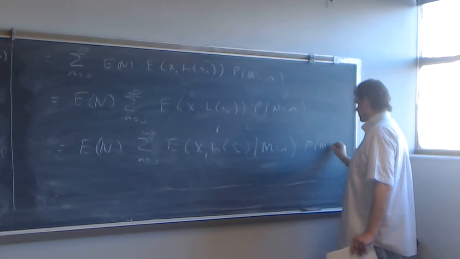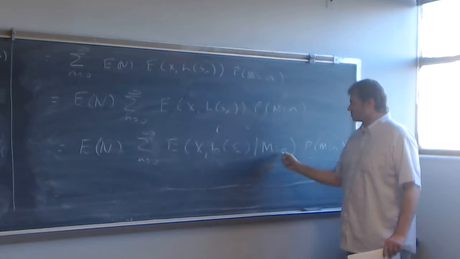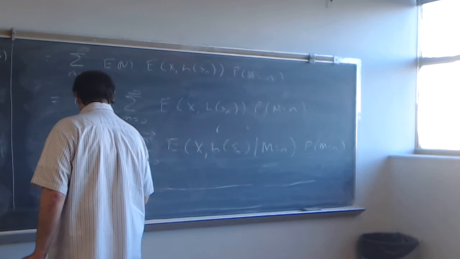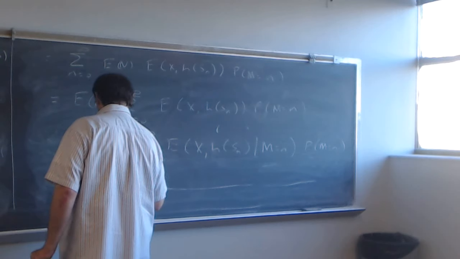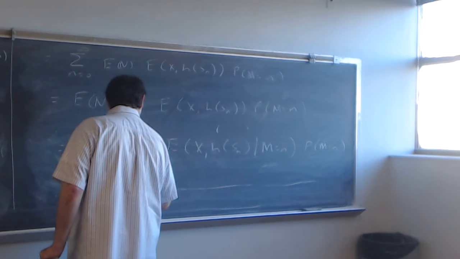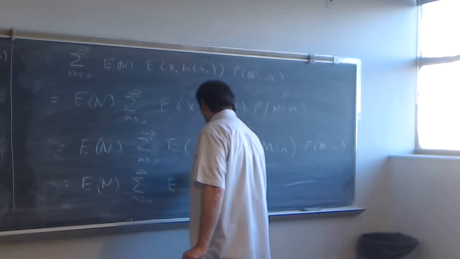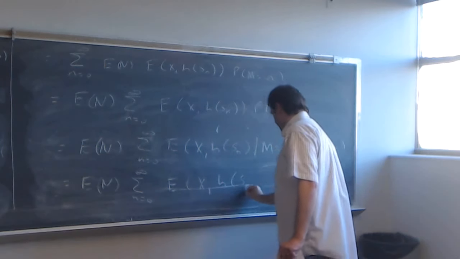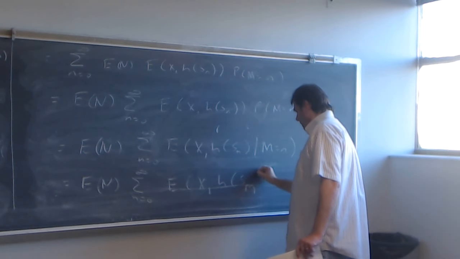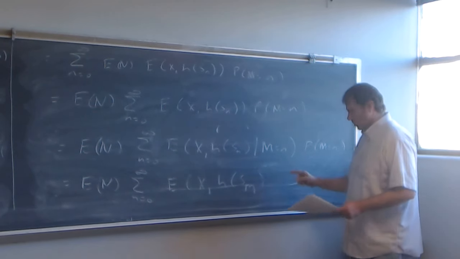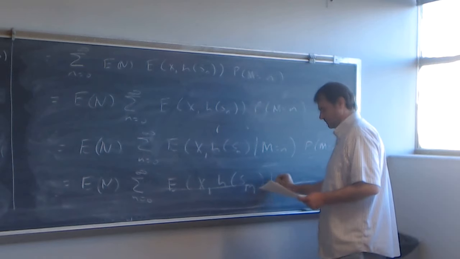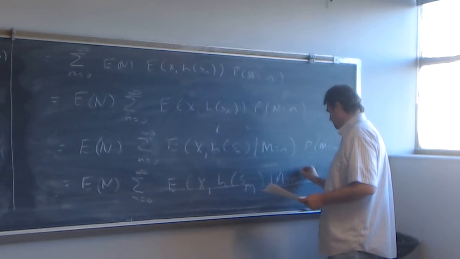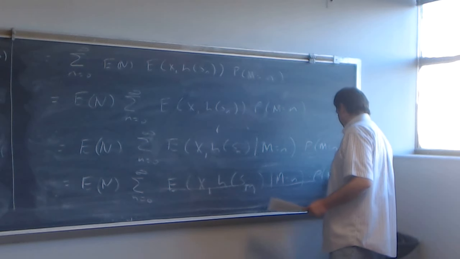Then comes the probability that M is equal to n. But here, because we know M is equal to n, we replace that n with big M. And that's all I'm going to do in this line. So S of M, given M is equal to n, times the probability that M equals n.